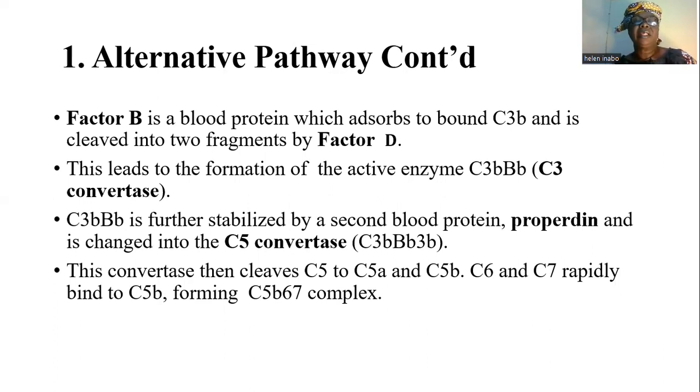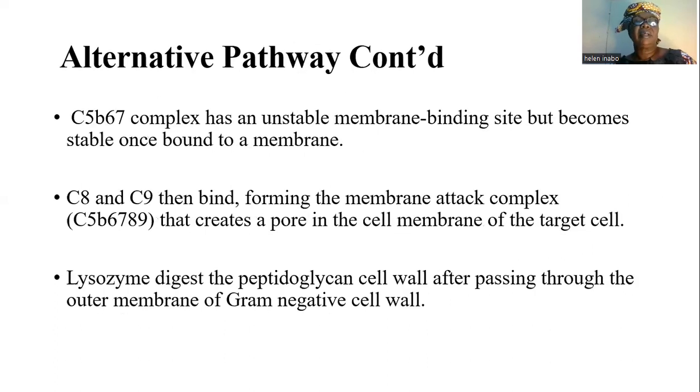C5B is the larger fragment which will bind to the complex and then follow rapidly by C6 and C7 components. C5B, C6, C7 complex has an unstable membrane binding site, but becomes stable once it binds to a membrane.